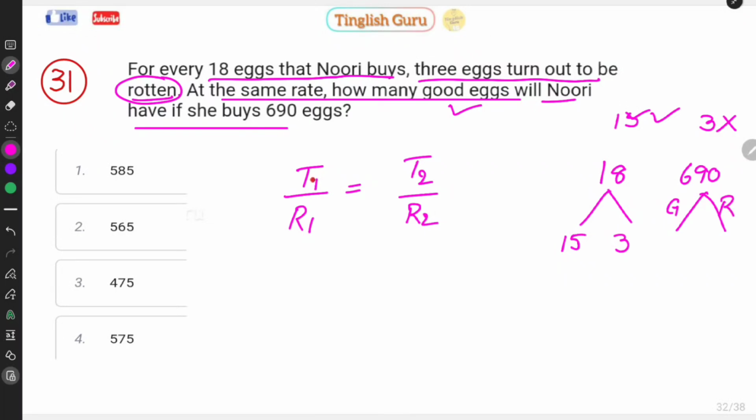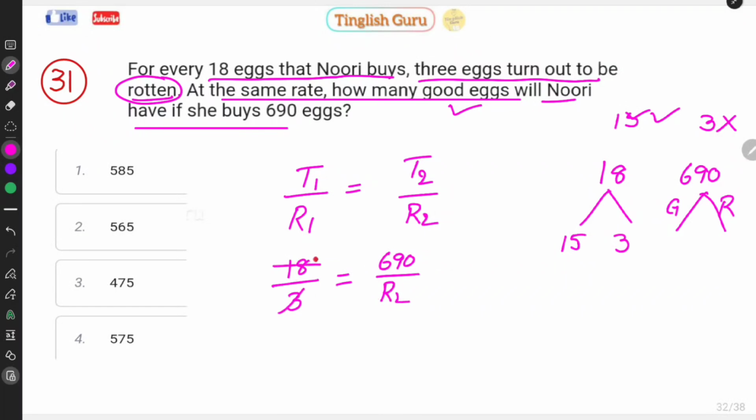So nothing but total eggs divided by rotten eggs is equal to the second total divided by rotten. So first total is 18 divided by rotten eggs, which is 3, is equal to second total, 690, divided by rotten x, which we don't know.